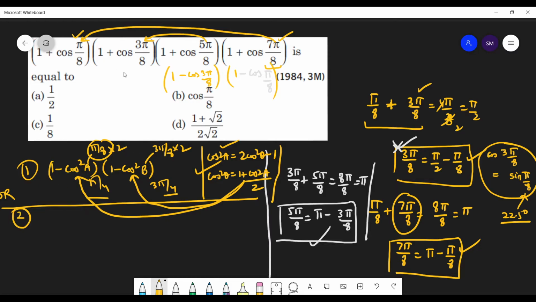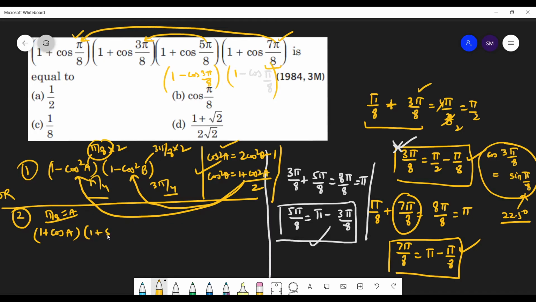Now, what about if you change all of them into pi by 8? So you will get here 1 plus, let pi by 8 be equal to a, like here we have written. So 1 plus cos a. After this 1 plus cos 3 pi by 8, that's sine pi by 8.